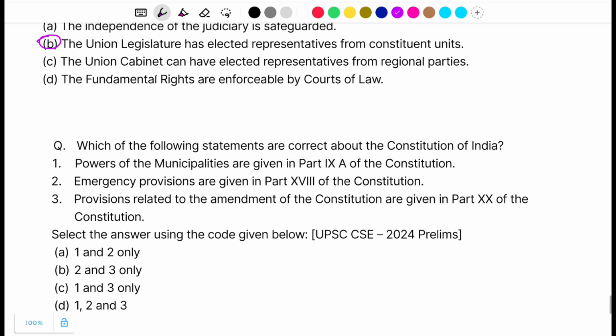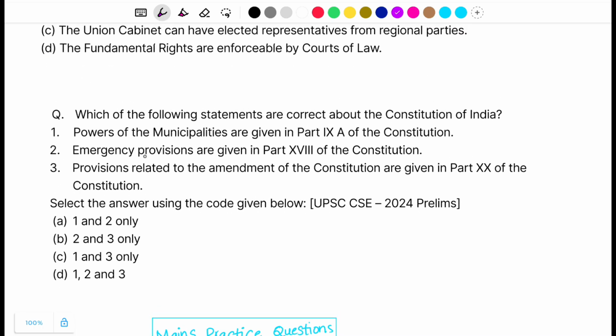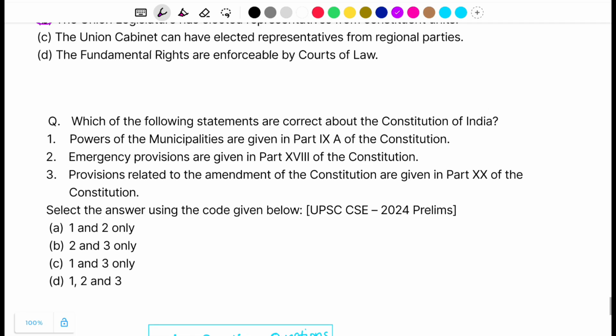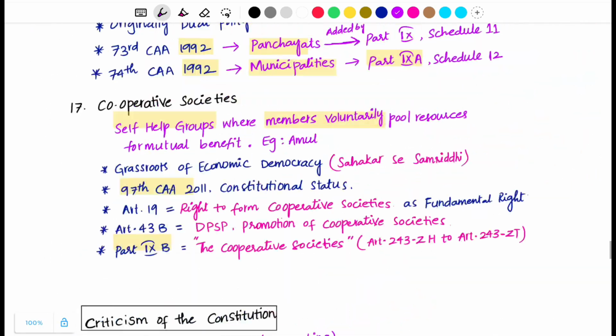Which of the following statements are correct about the Constitution of India? Oh, looks interesting. Powers of municipalities are given in Part 9A of the Constitution. Yes, I have told this. Let us look into it, friends, where I have discussed it.